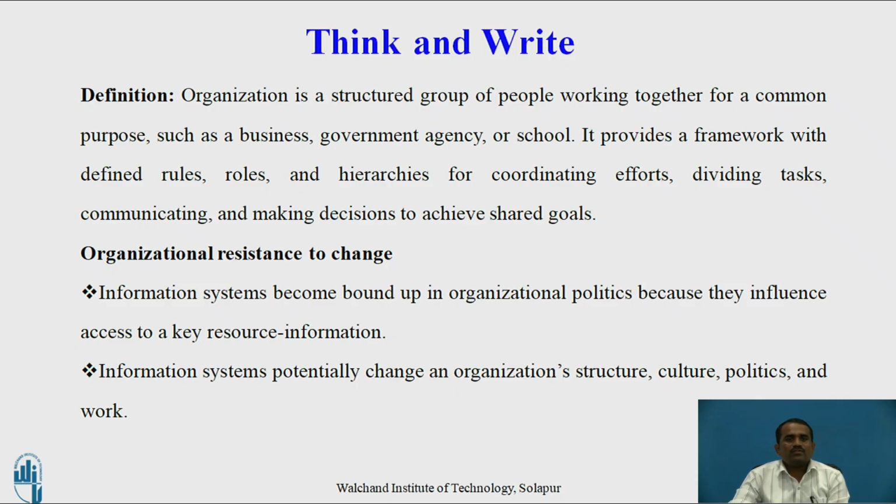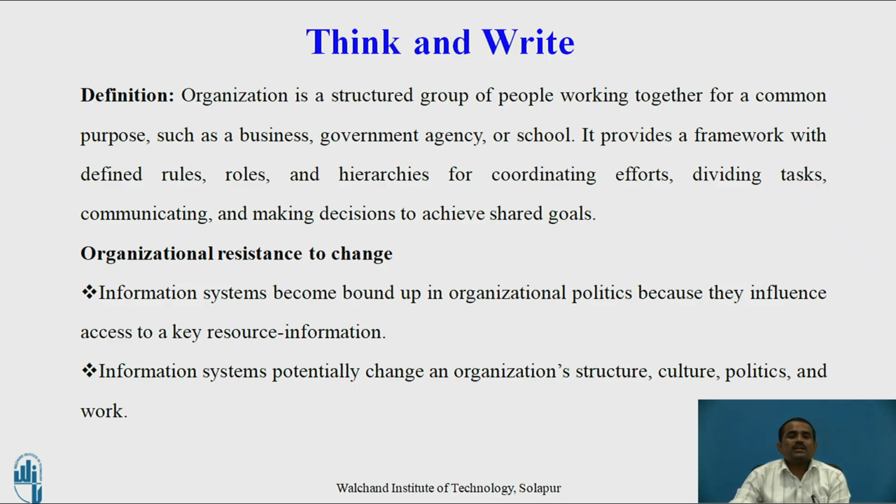In the field of organization systems, organization systems become bound up in organizational politics because they influence access to key resource information for the business. So an information system potentially changes an organization's structure, culture, politics, and work.